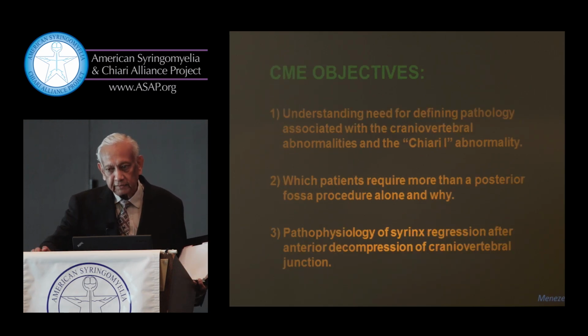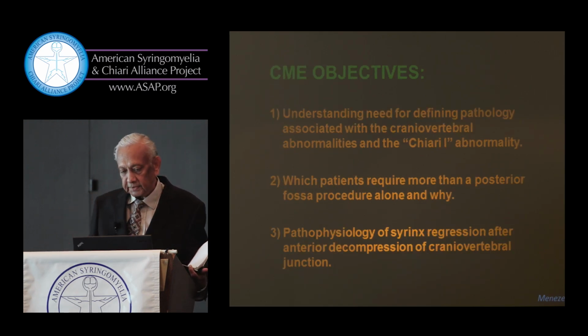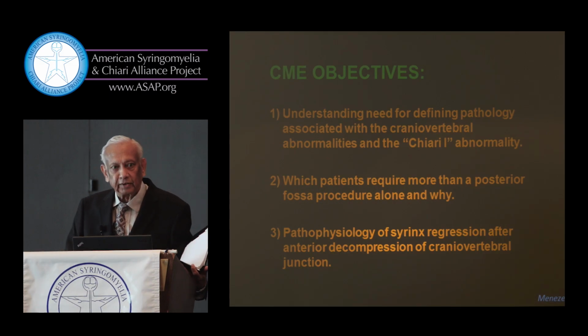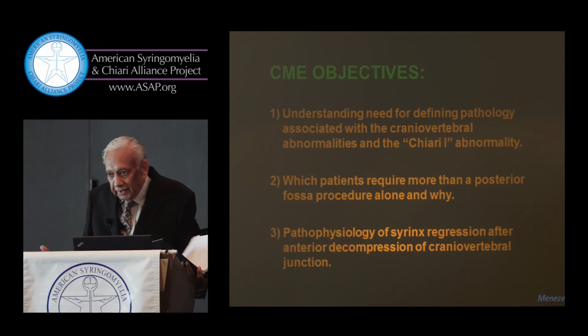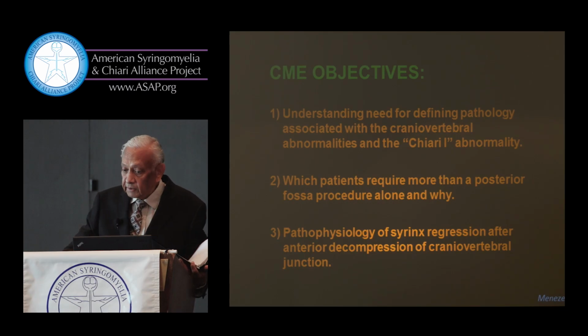So what are our objectives? As teachers, we have to ask ourselves questions, and we've got to throw things back into the field and wait until somebody comes up with some answers, the same as what we are doing. We need an understanding for defining the pathology that's associated with craniovertebral abnormalities, and what we call the Chiari 1 abnormality.